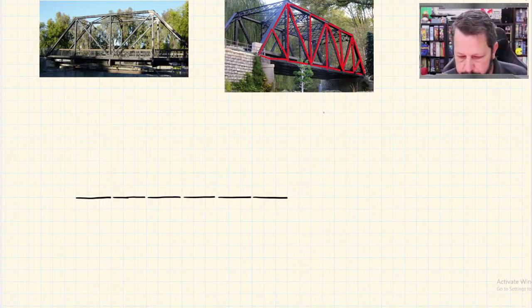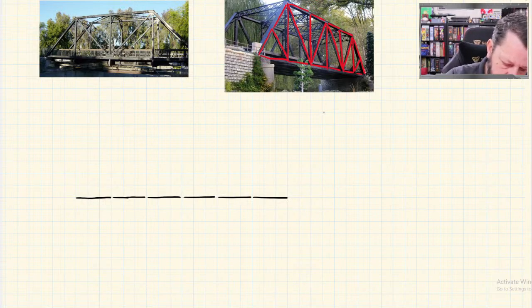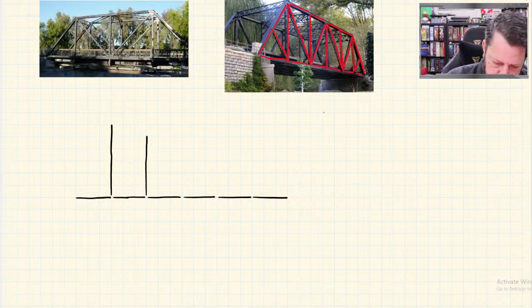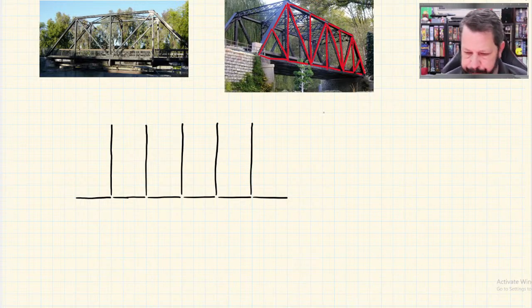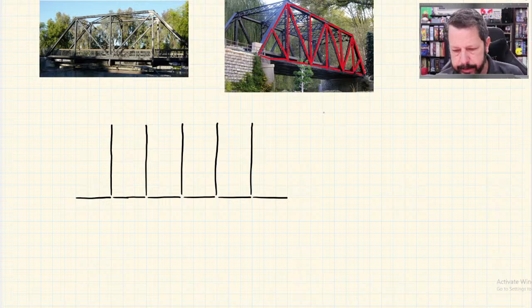So in every one of these middle areas, there's a 6 block height. 1, 2, 3, 4, 5, 6. So there's one here, one here, one here, and one here. Yeah, that's right.